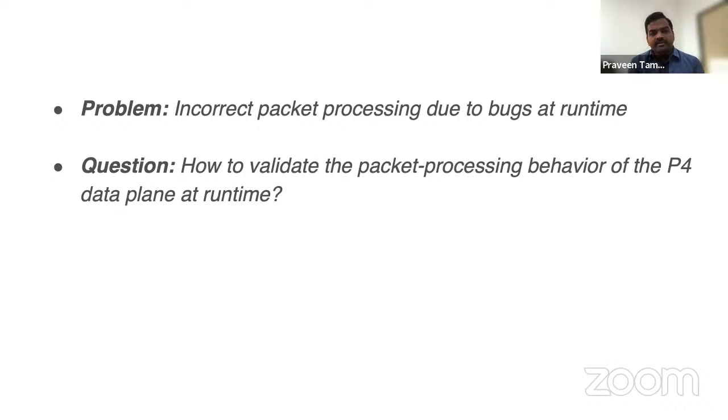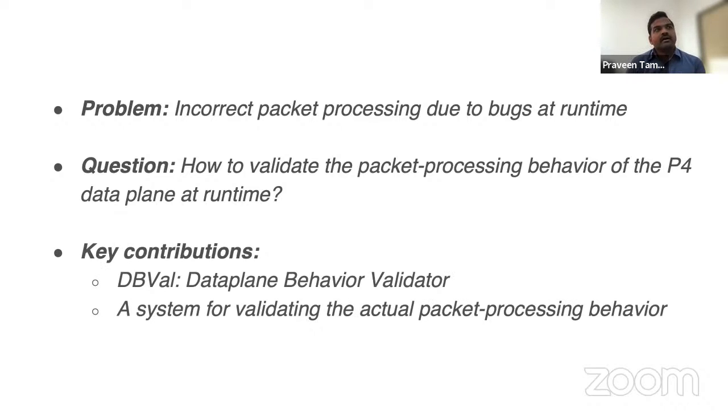This is important so that we could detect whenever the packet processing is not matching the expected behavior. We'd like to know that, then find the cause and fix the problem. But before that, first we want to detect whenever such incorrect packet processing is observed. That is the focus of this work.